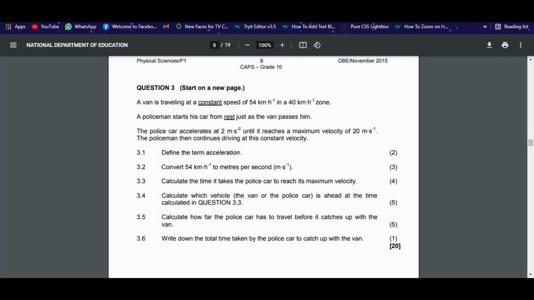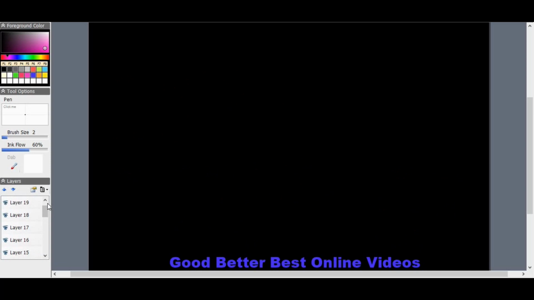Okay, the position of the police car, which I'm going to call xp, must equal the position of the van, xv. So the position of the police car, because they must be at the same position, minus the 100 meters that it started at, must equal the final velocity times the time.